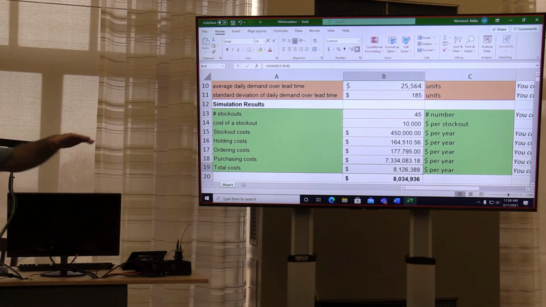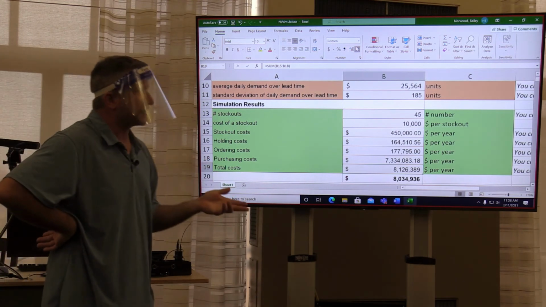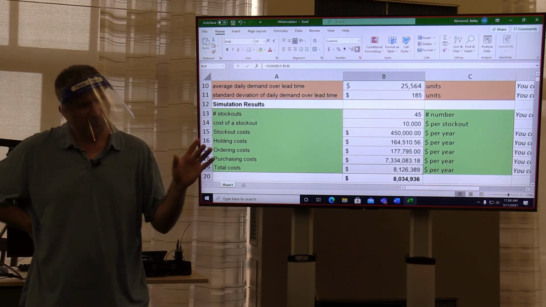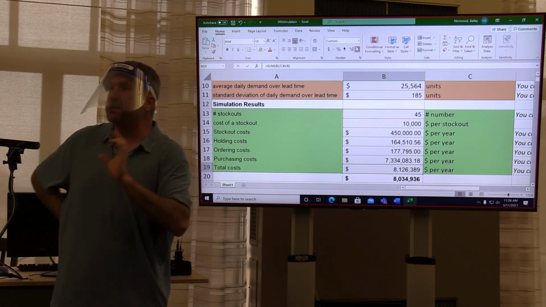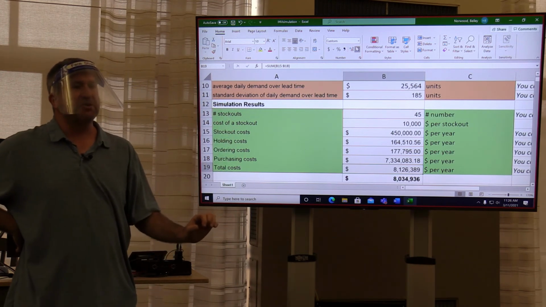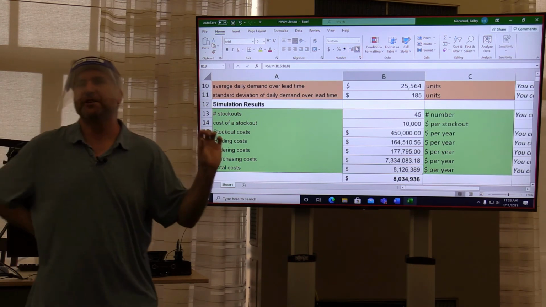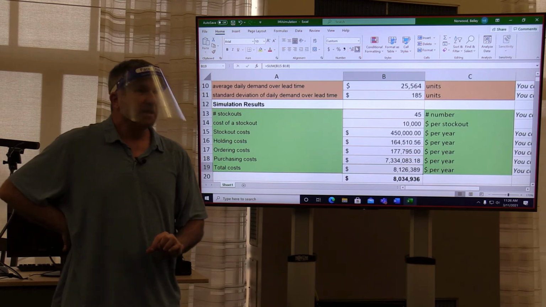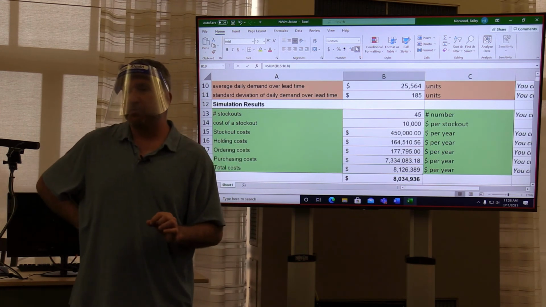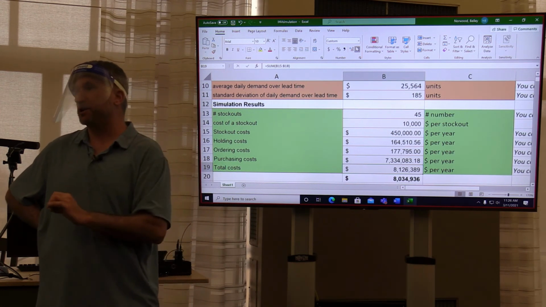And of course, you could go back and say, what if we did 22,000, 23,000, something like that? Well, here's the point. If someone's making you want to do this, but you've got this spreadsheet and you can show them what would have happened in the past if we had done that, then you may be able to convince them to keep your current management strategy.